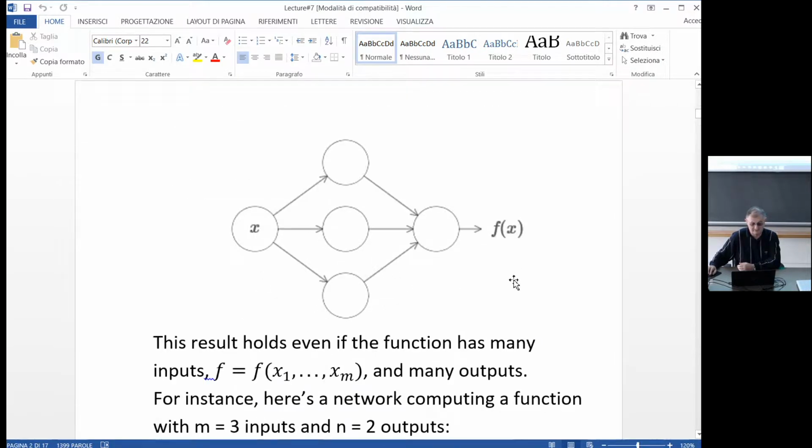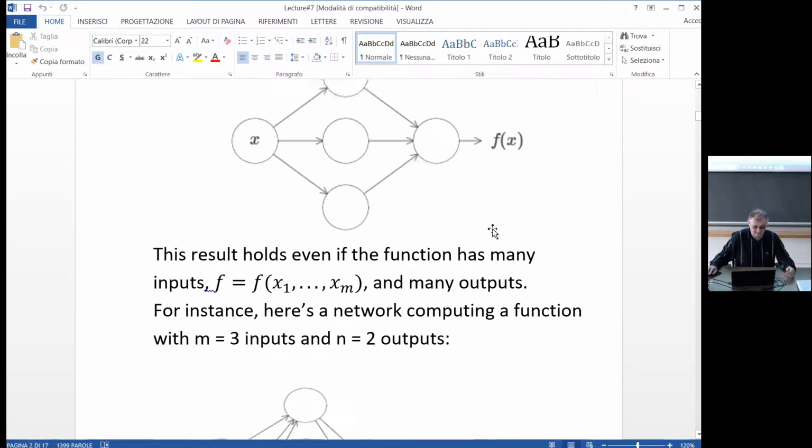That is, there exists some neural net, some configuration, which having as input some value x, returns as output the value of the function f at the point x.